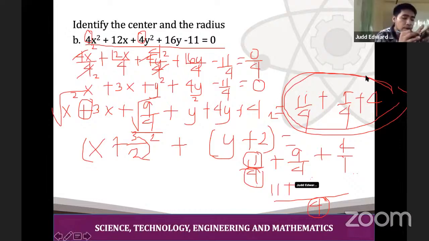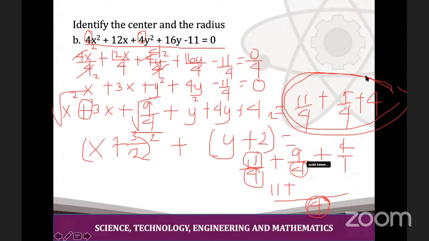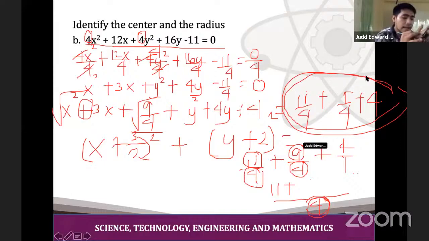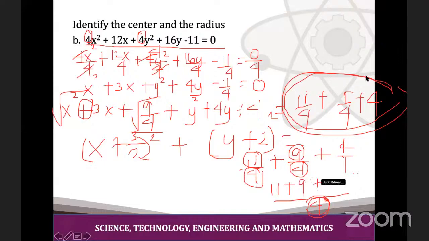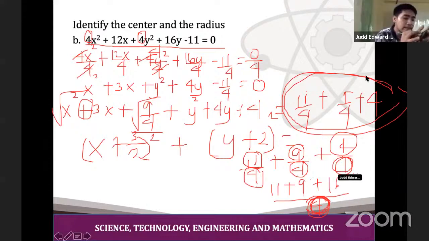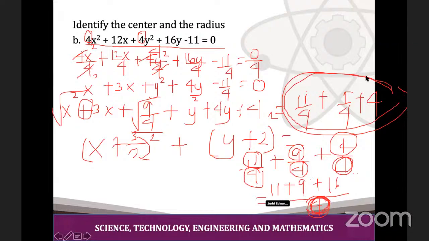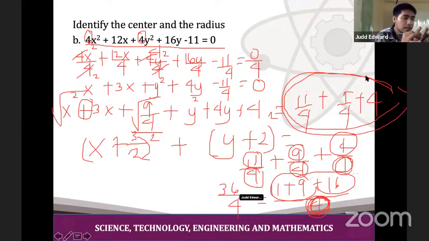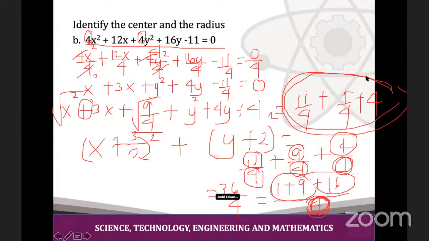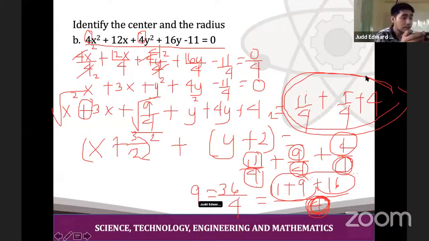Plus, 4 divided by 4 is 1. 1 times 9 is 9. Plus, 4 divided by 1 is 4. 4 times 4 is 16. Simplifying, what is 11 plus 9 plus 16? 36. And what is 36 over 4? 9. Therefore, the right side is now equal to 9.